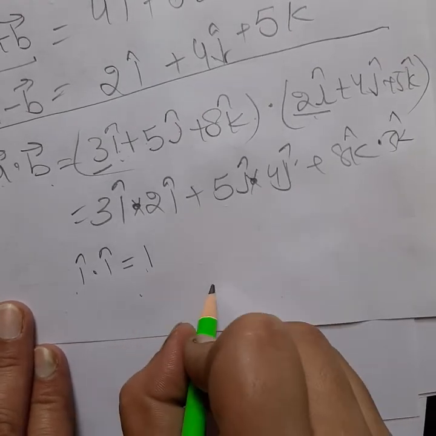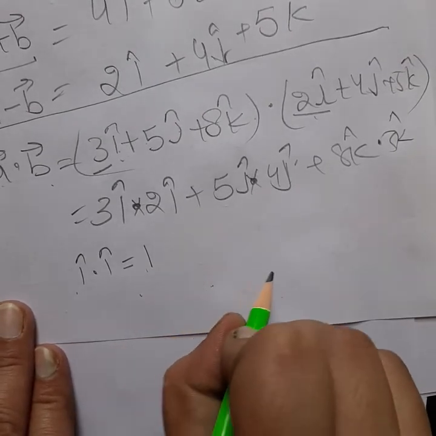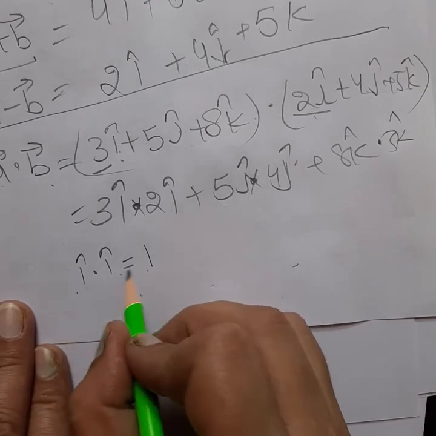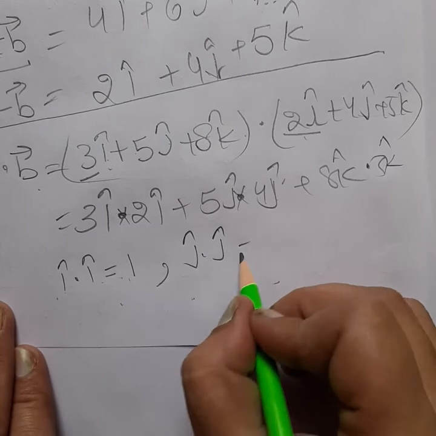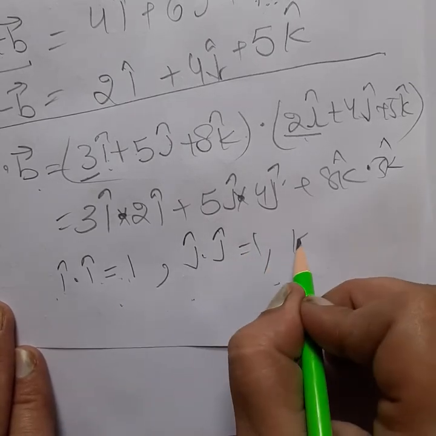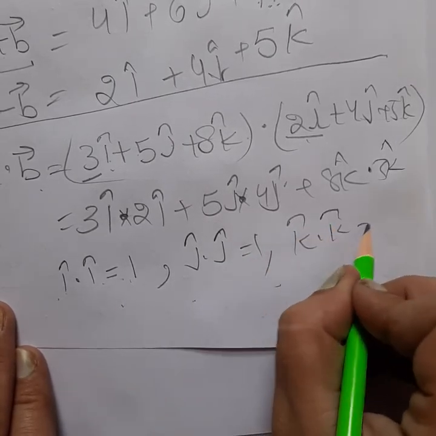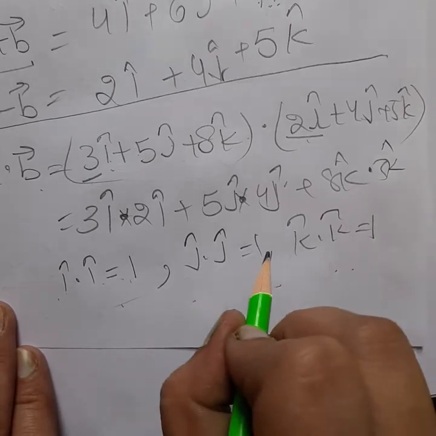And I am giving you the list at the end of the chapter. So i dot i is equal to 1, j dot j is equal to 1, and k dot k is equal to 1. This is the dot product.